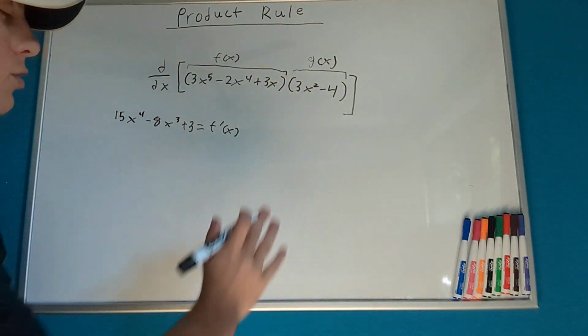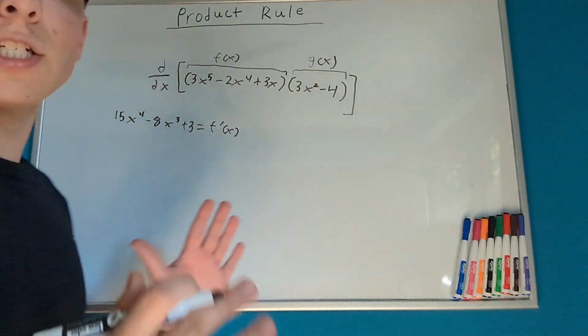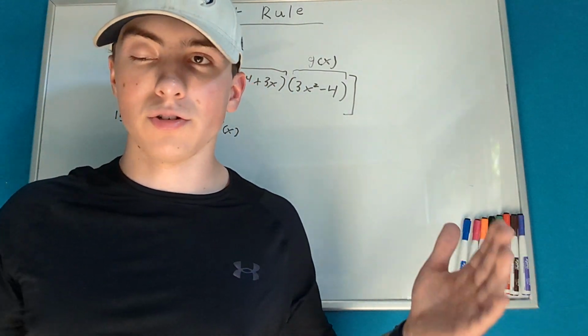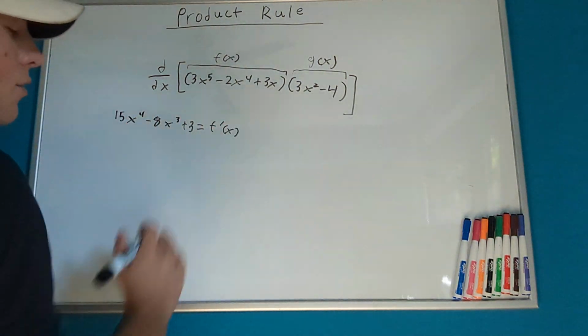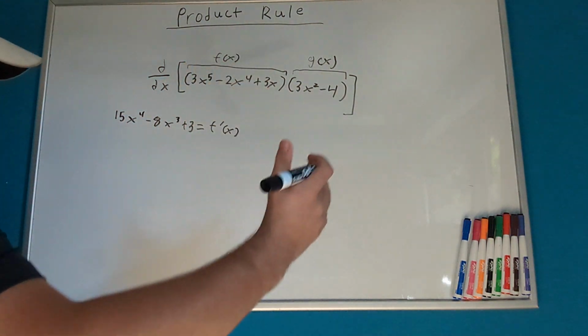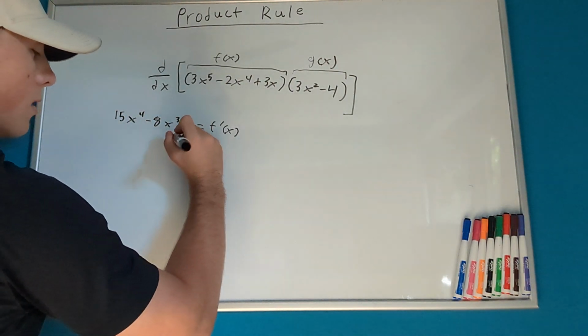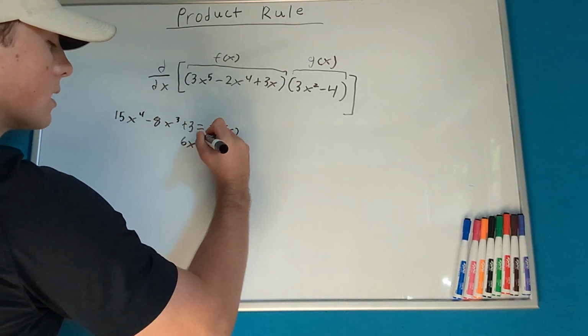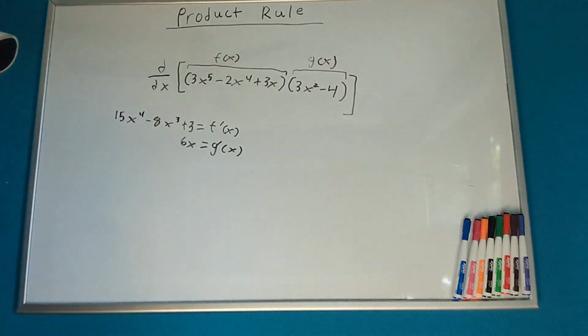Then g of x, we want to find the derivative of this. Well, 3x squared, right? We know that, just use the power rule. It's 6x. Negative 4, well, the derivative of a constant is 0. All right? So then this 6x equals g prime of x.